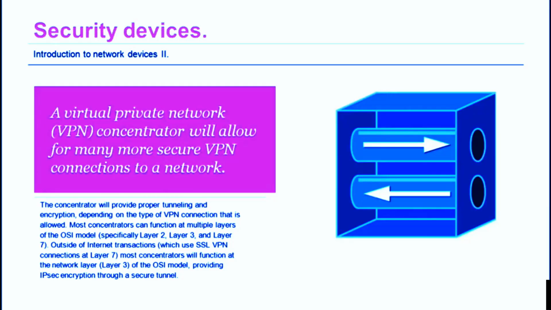Let's move on to the Virtual Private Network Concentrator, the VPN concentrator. Now this will allow for many secure VPN connections to a network. The concentrator will provide proper tunneling and encryption depending upon the type of VPN connection that is allowed to the network. Most concentrators can function at multiple layers of the OSI model.